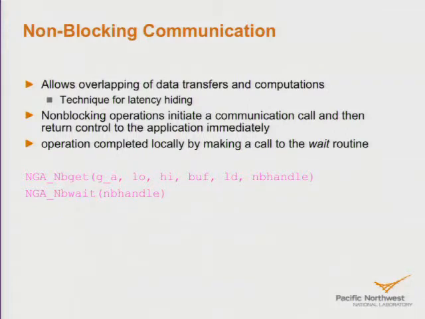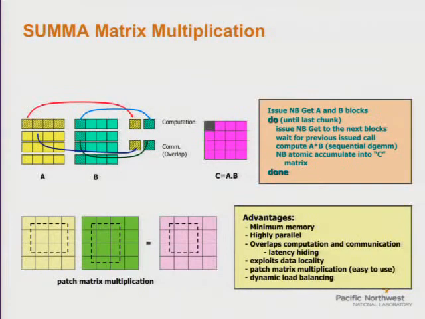So you can overlap communication with computation, and this kind of latency hiding mechanism frequently allows you to extend your scalability quite a bit. An example of something that would use this is SUMMA matrix multiplication, where you divide the matrix up into a whole lot of small blocks, and you create two sets of buffers locally.